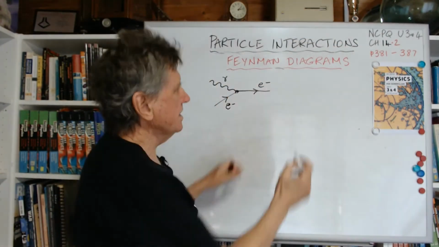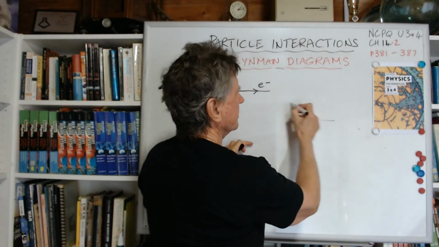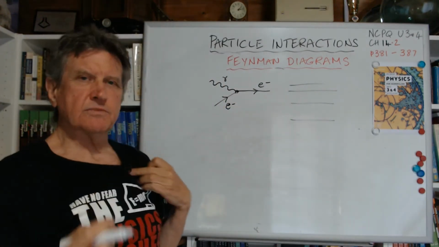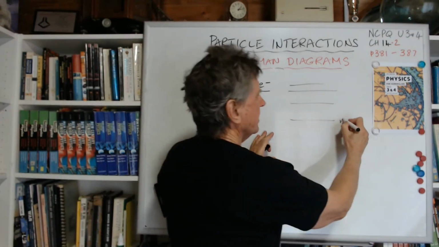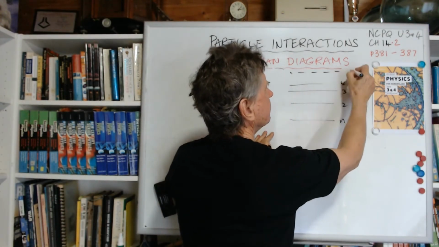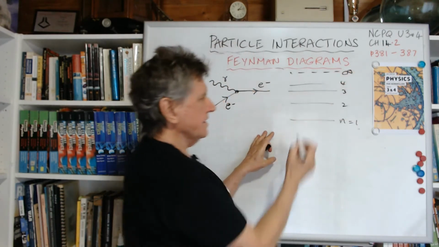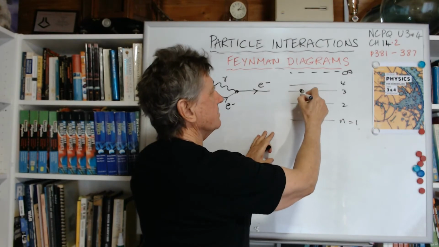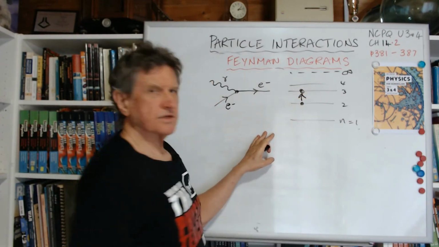Now you've seen these diagrams over and over again. If you think of the spectrum of hydrogen, you might have n equals 1, n equals 2, 3, 4, and infinity, or something like that. And you take an electron from there and send it up to there. Okay, so there's a transition.